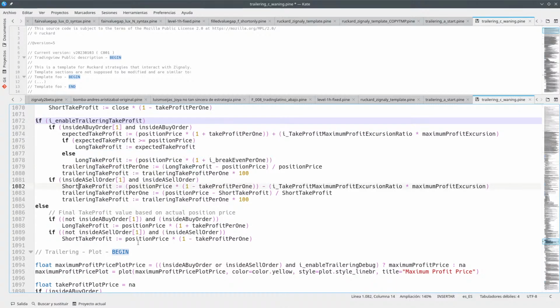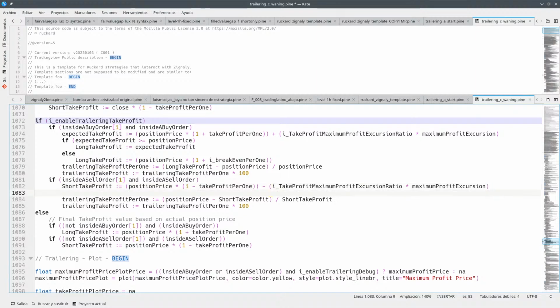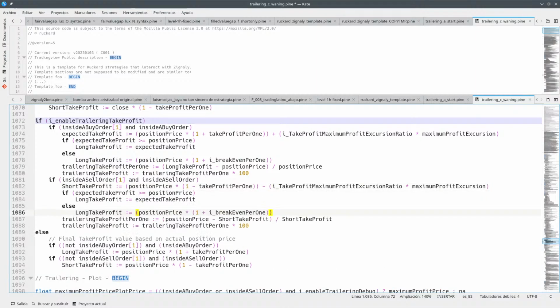You are here. Okay, so if the expected take profit is less or equal than position price, then this short take profit should be the expected take profit because we are okay. However, if it's not the case, this needs to be position price break even, and this is the expected profit.